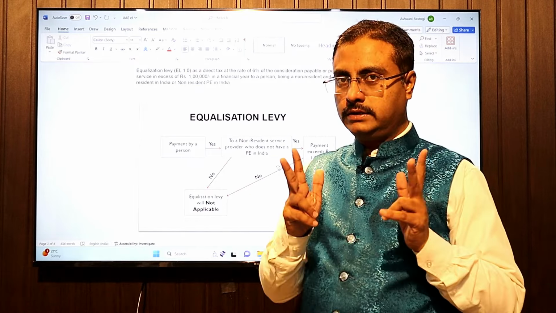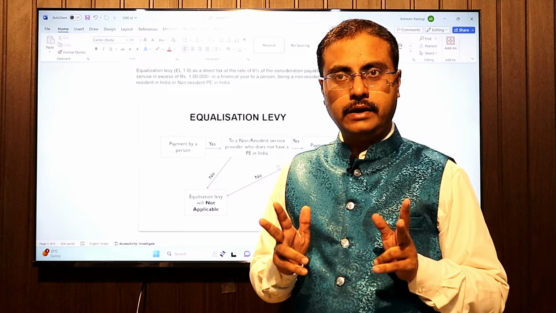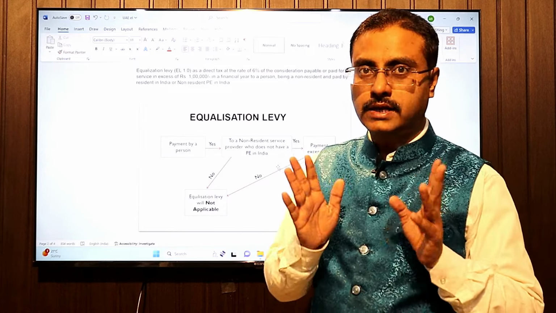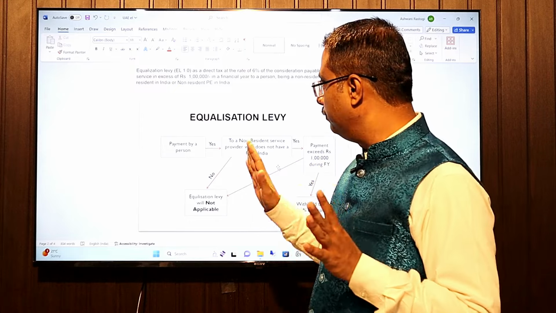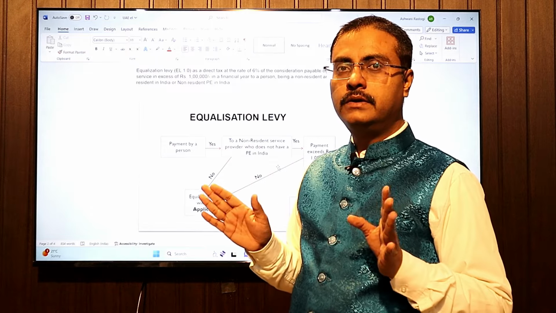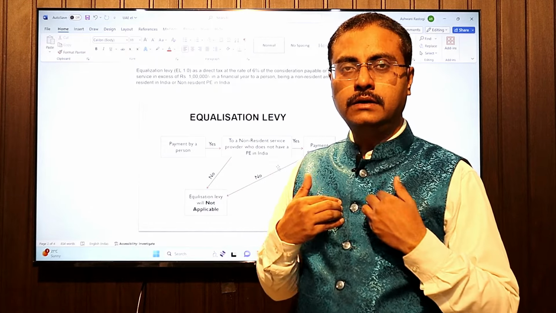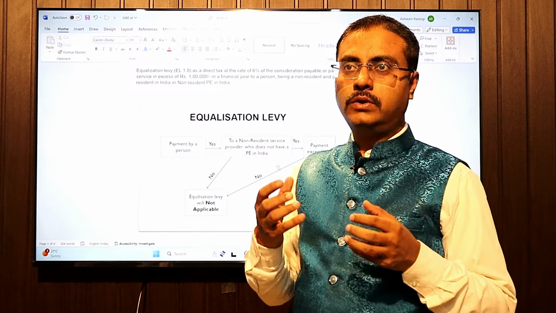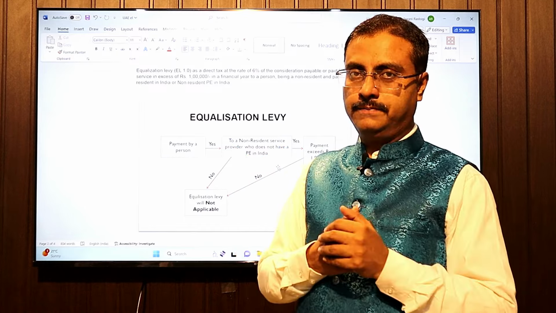There are 2 equalization levies prevailing right now, not in the Indian Income Tax Act, but through the Finance Act. You would not get foreign tax credit in respect of equalization levy. Suppose I am paying to Google for Google AdWords, for some online advertisement.